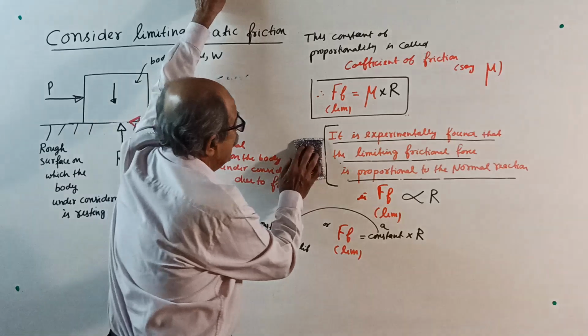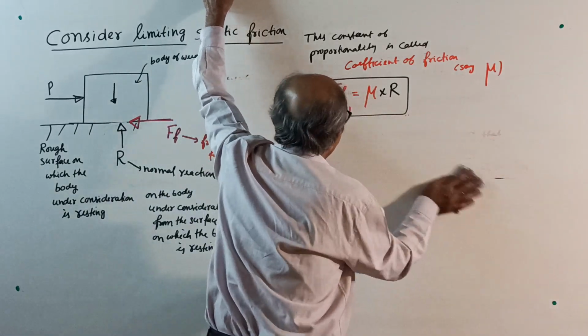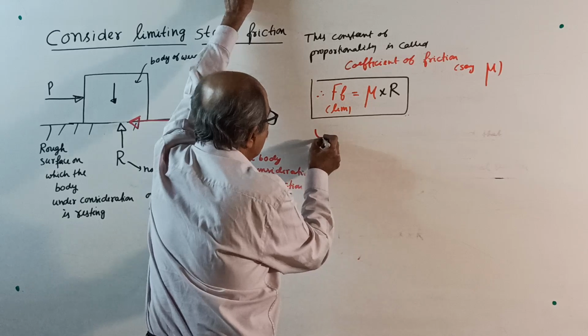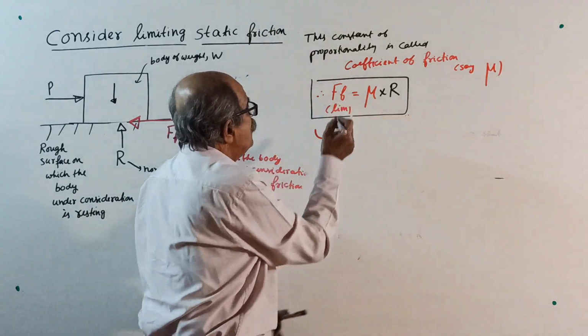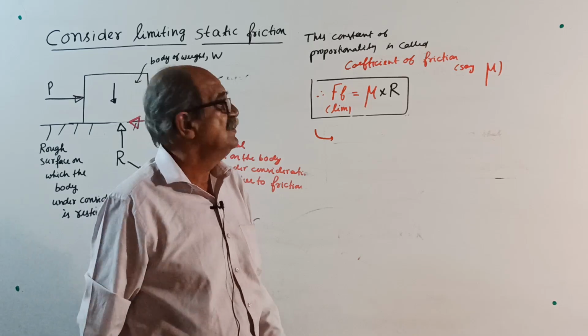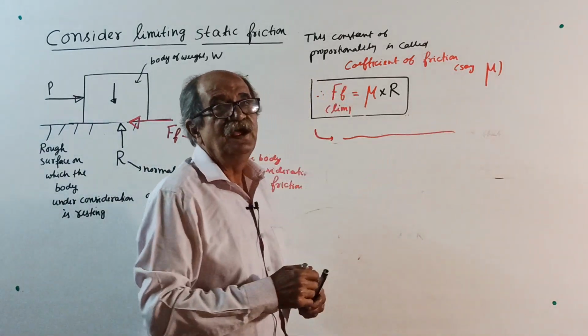Now, very important. You can write Ff limit equal to mu into R only for the limiting case, only when the body is on the verge of moving.